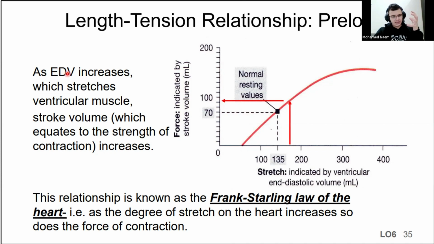So the end diastolic volume is basically the amount of volume that we have inside the ventricle before it pumps. Literally before it pumps. Basically the maximum volume we have inside the ventricle before it pumps. The last volume. So the heart, we don't have any more filling. This is the end diastolic volume.